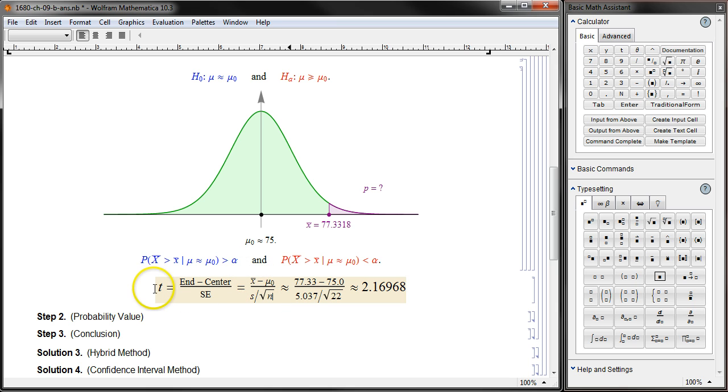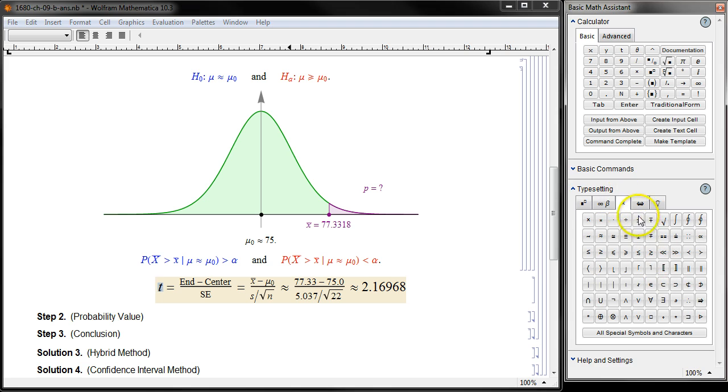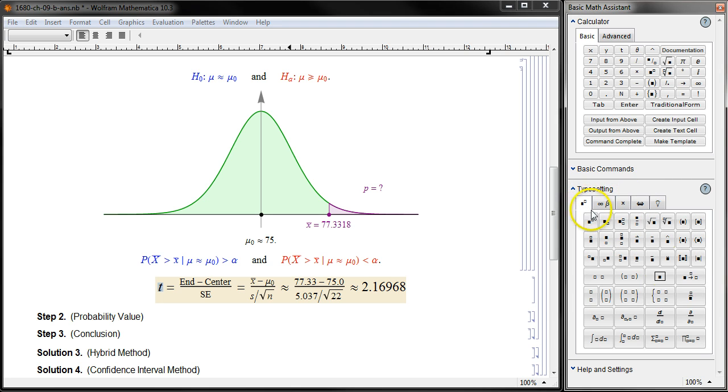And because we have x bar here, typically we use T bar as this quantity here, and T bar turned out to be 2.169 something. So using that, you have to find out the probability value here.